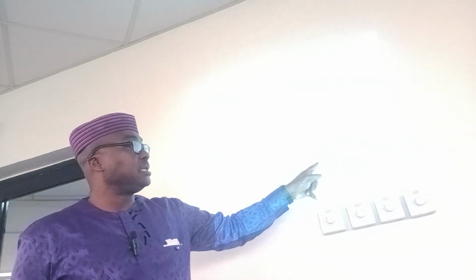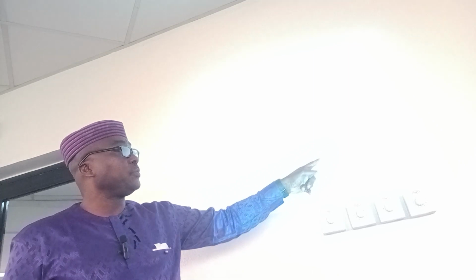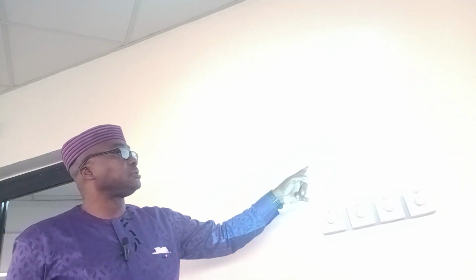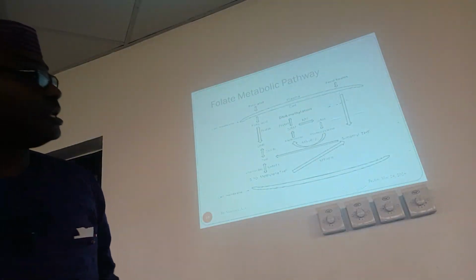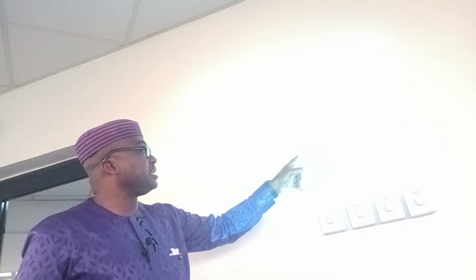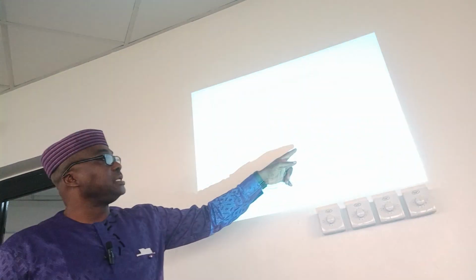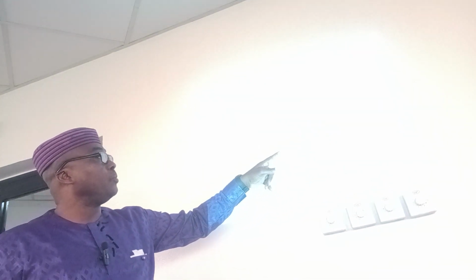Like I said, this is irreversible. You cannot go back. It is converted by the methylene tetrahydrofolate reductase enzyme, and then 5-methyl tetrahydrofolate will need B12 to be converted to methionine.